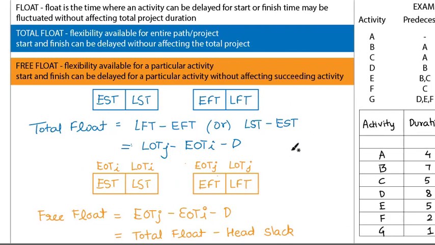Then comes float. Float is a relaxation time but the total project time cannot be changed. Total float is used for the entire path while free float is used for a particular activity. Please try to understand the difference. It's easy, you will get it when you solve more and more problems.